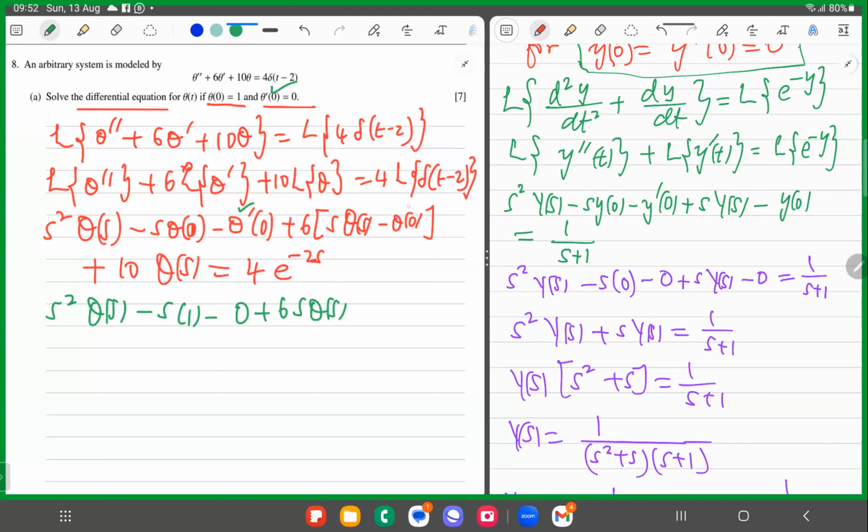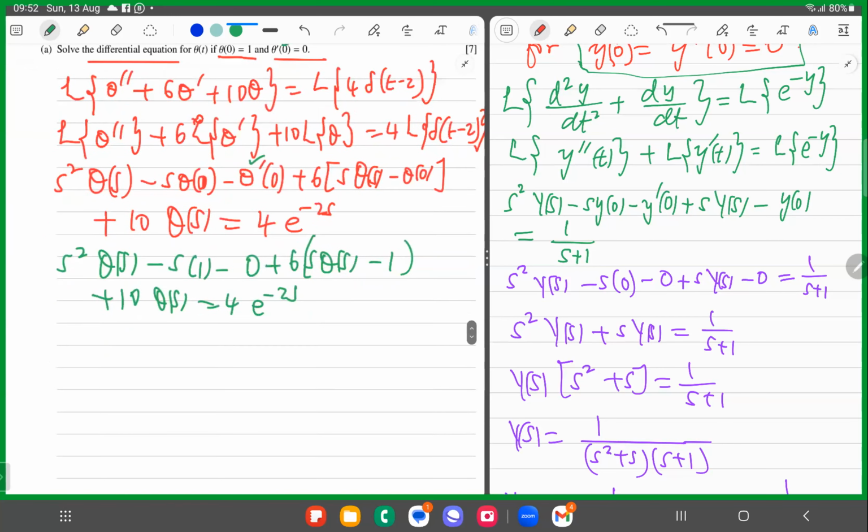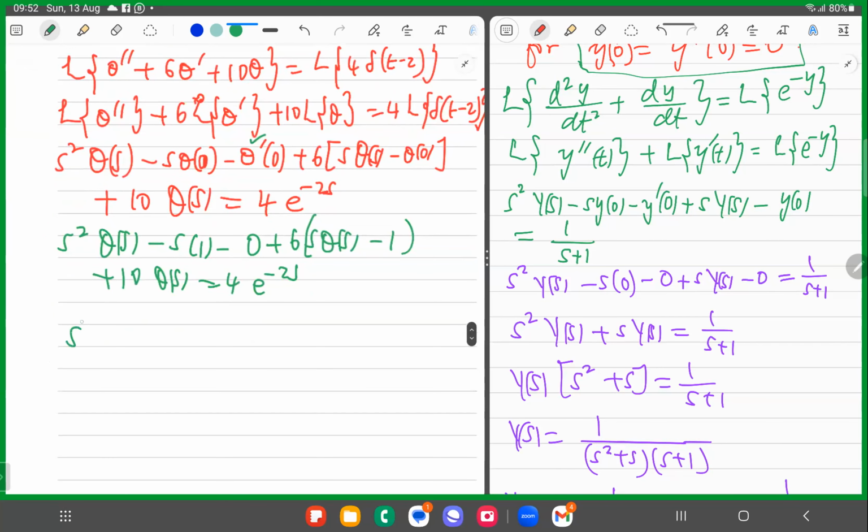And theta of 0 is 1. And put the brackets in the meantime like that. Goes 4 e to the minus 2s. Plus 6s theta of s minus 6 plus 10 theta of s equals 4 e to the minus 2s.